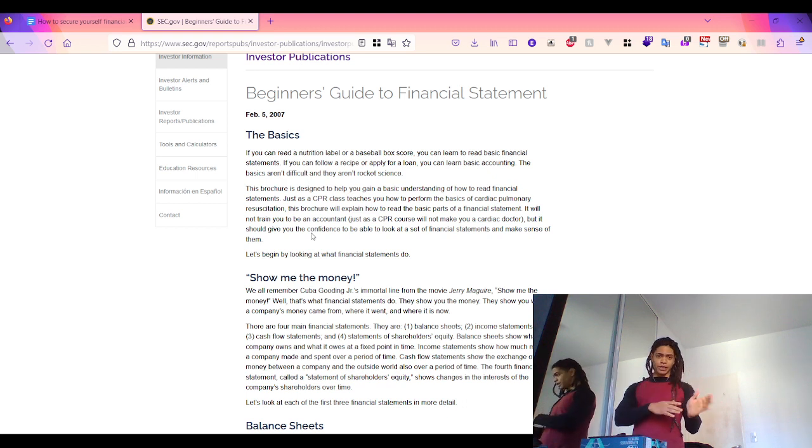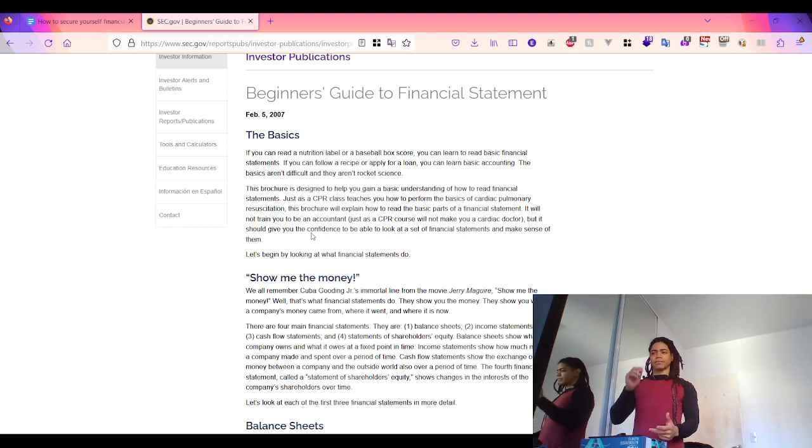On the asset side we have things like accounts receivable, inventory, and prepaid expenses, which are expenses that a company incurs for services that will be received in a period of time, and the company has paid for that.